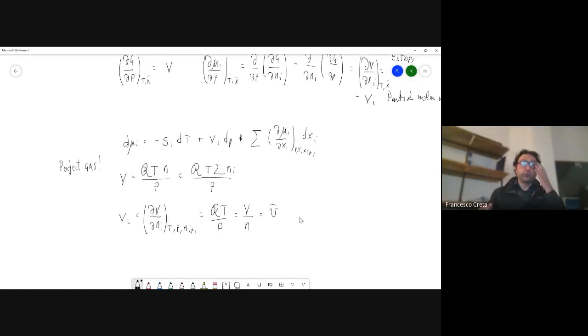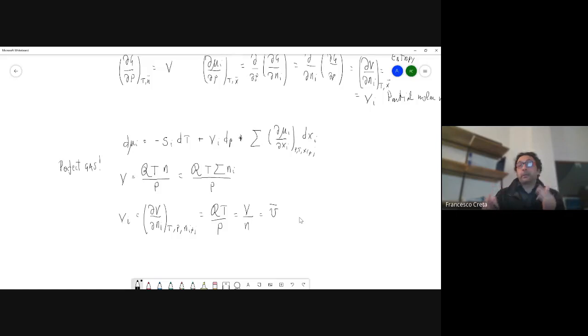It won't be true for, for example, the chemical potential. It won't be true for the partial molar entropy. It will be true, however, for the partial molar enthalpy.